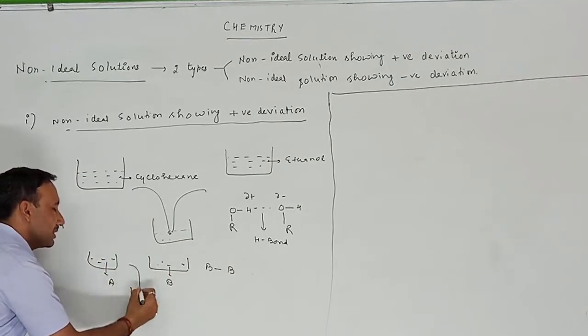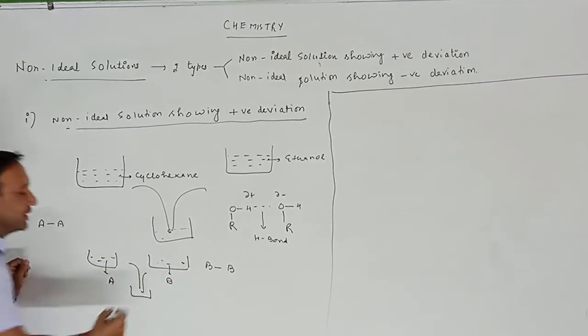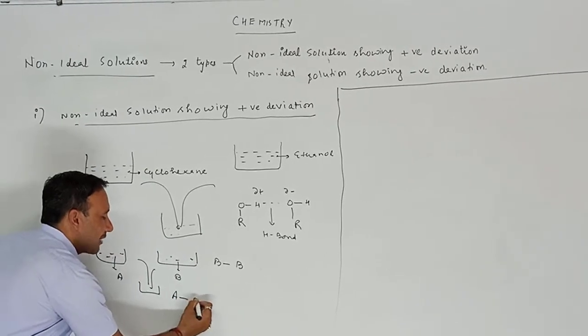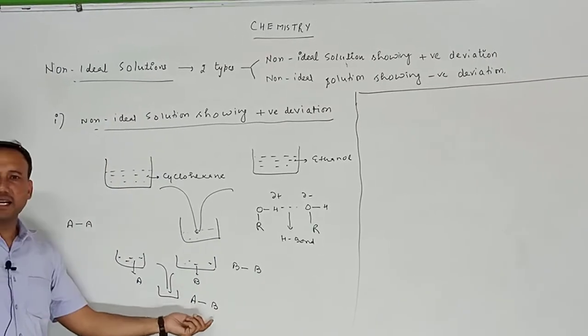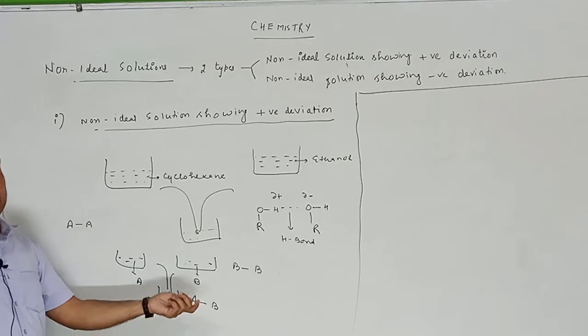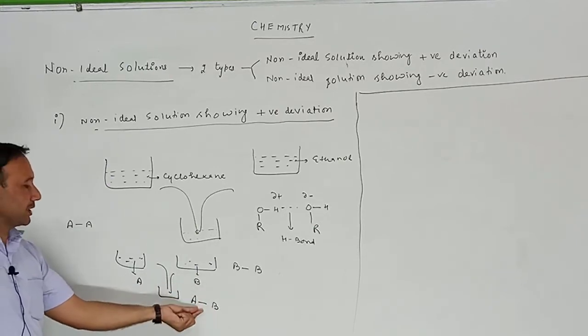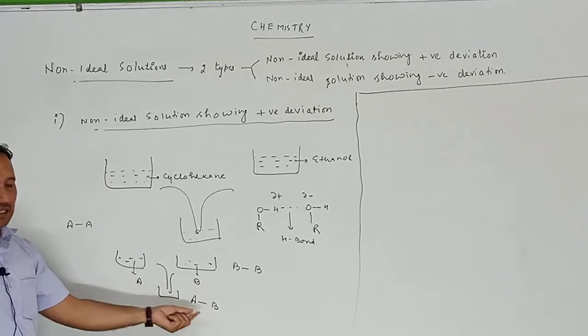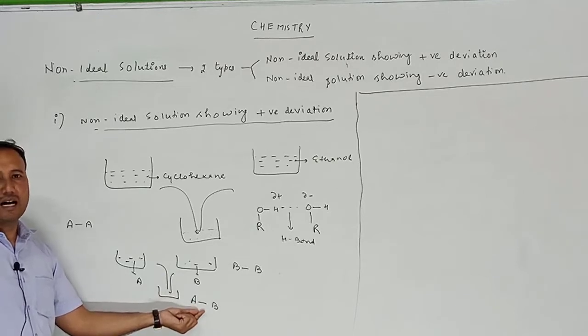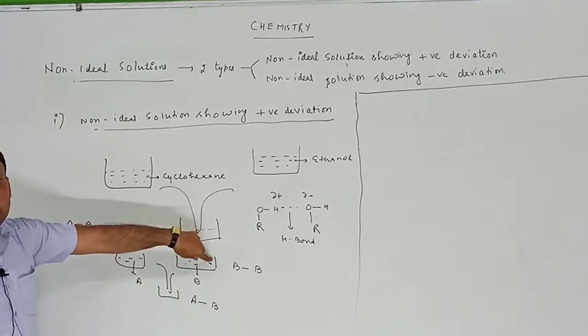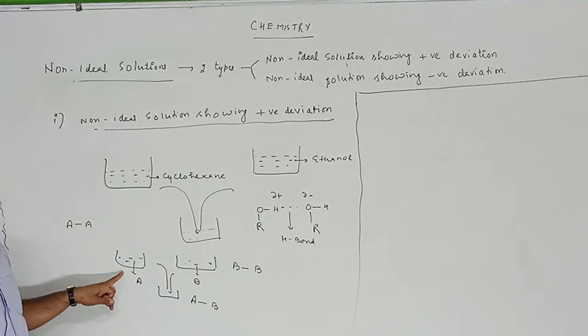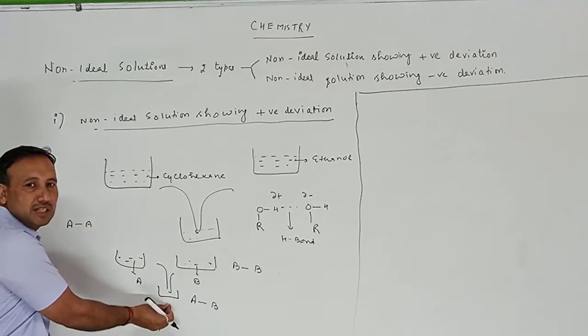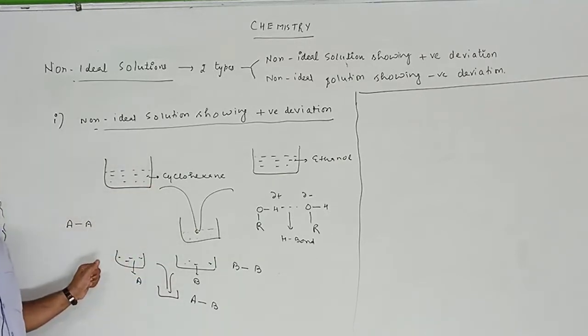Suppose we mix these two liquids, now the intermolecular forces are formed between the A and B molecules, and if the intermolecular interaction between the A and B molecules is less than in either of the pure components, then this liquid mixture can easily get vaporized.